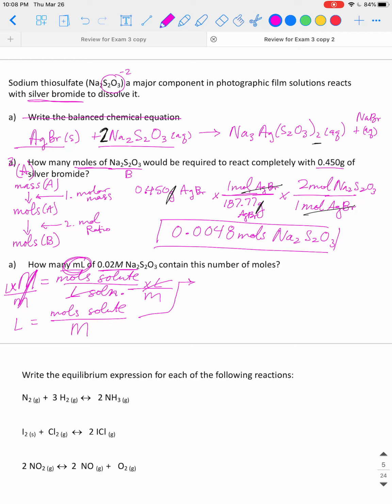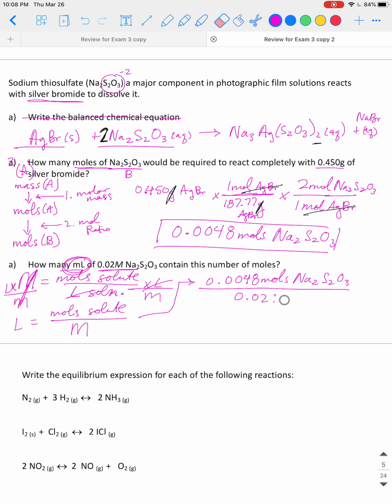Moles of solute is from up here, the second part of the problem. We calculated moles of solute, and that is 0.0048 moles. Our solute here is sodium thiosulfate. We're going to divide that by the molarity, which is given to us, 0.02 molar.